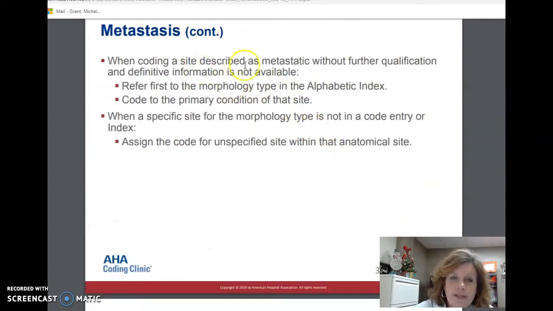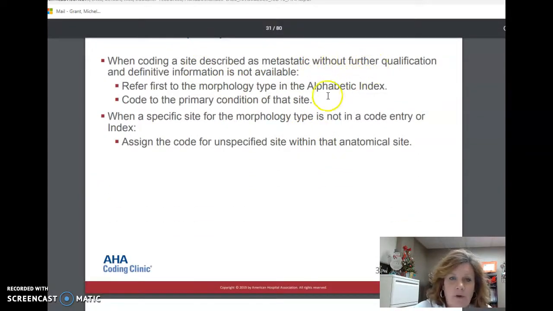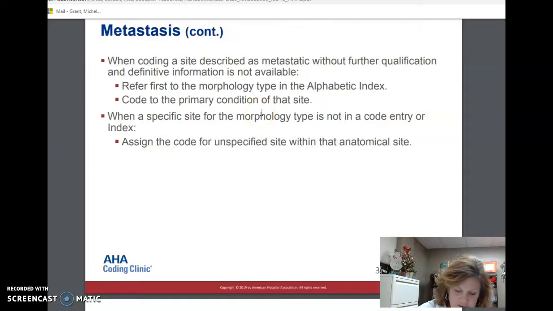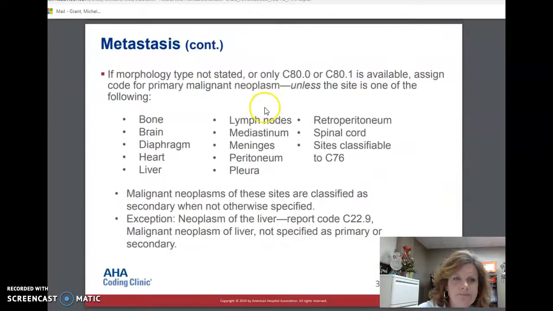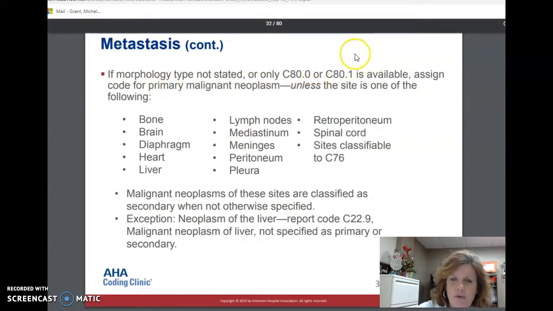When coding a site described as metastatic without further qualifications, we want to code them both. One thing you have to look at is how they are saying it. If morphology is not stated, you only code the C80.0 and C80.1.